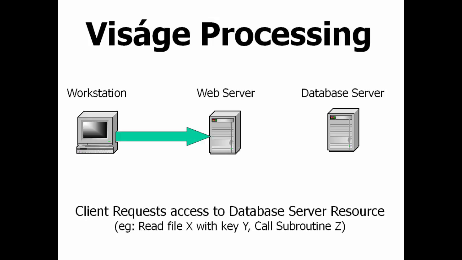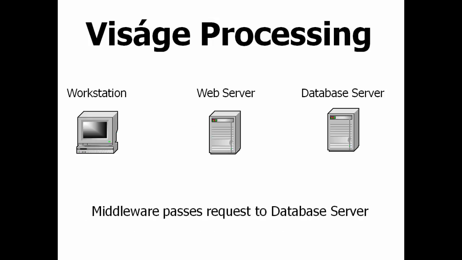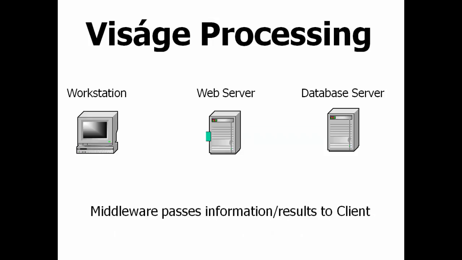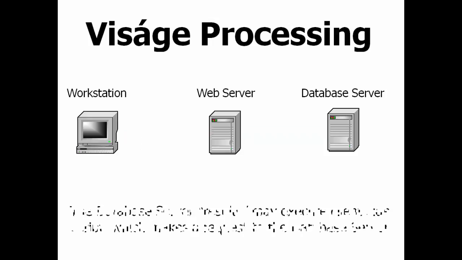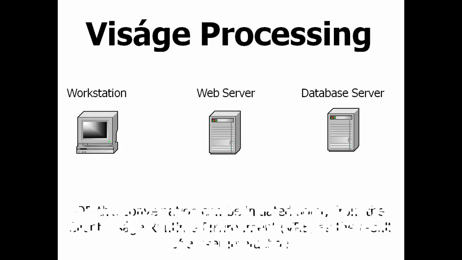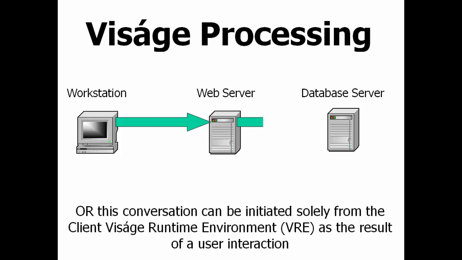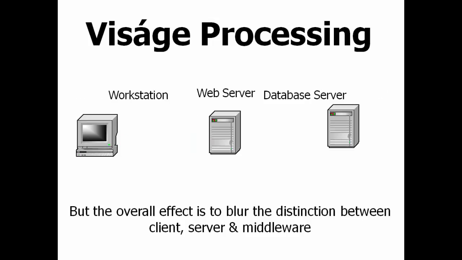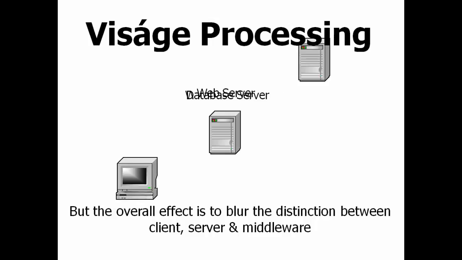A client can make direct access to a subroutine or a resource on the client. That happens via the middleware, and you just get the results sent back. Likewise, from the database, it can go and execute client-side script as well, so that in essence you get this ability of the clients being able to call server routines, and the server being able to call client routines, and that whole area is basically just smeared and blurred.